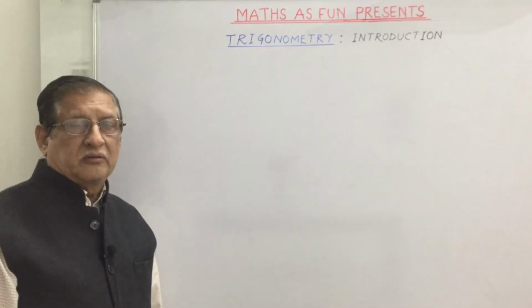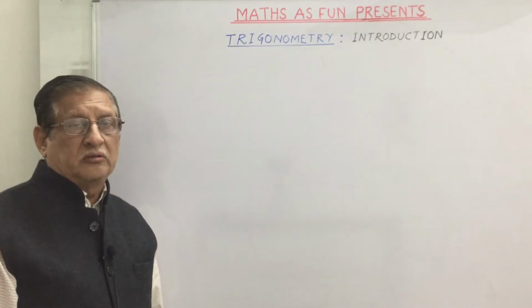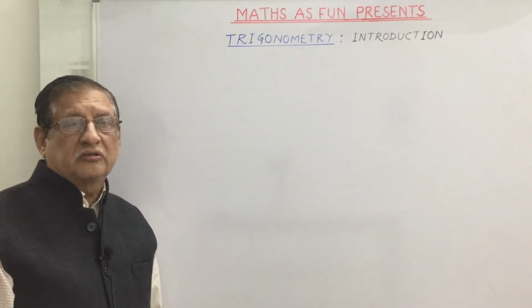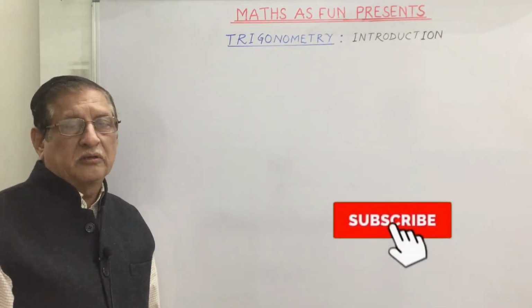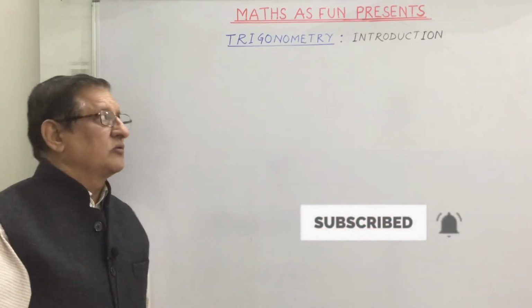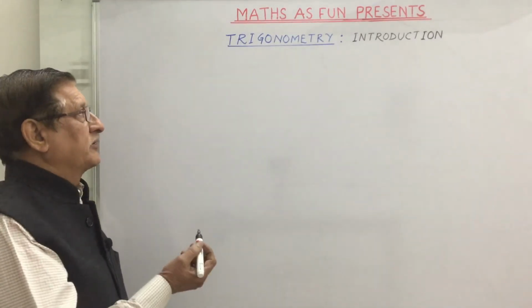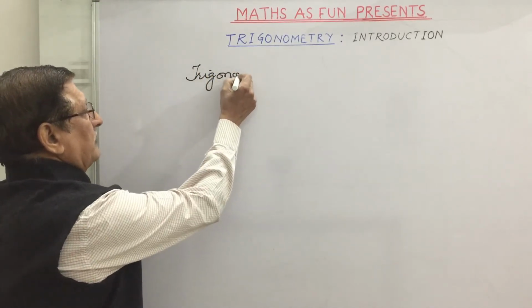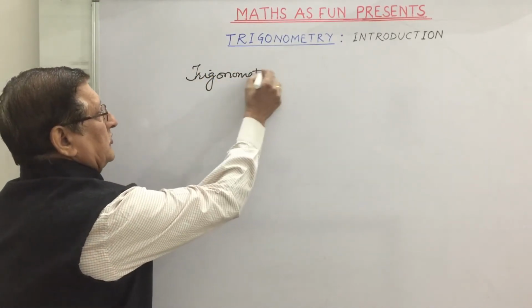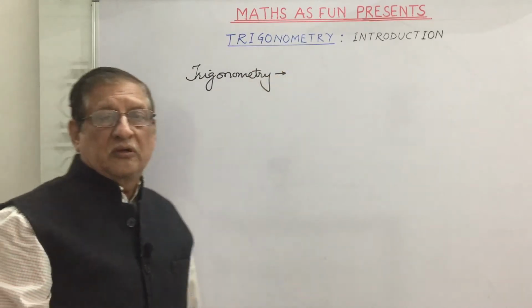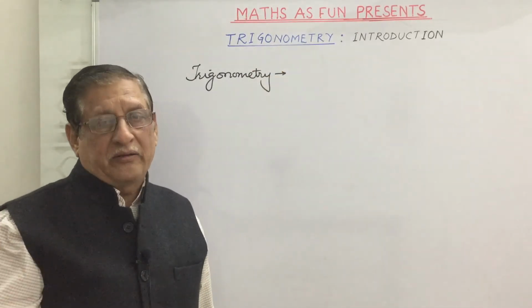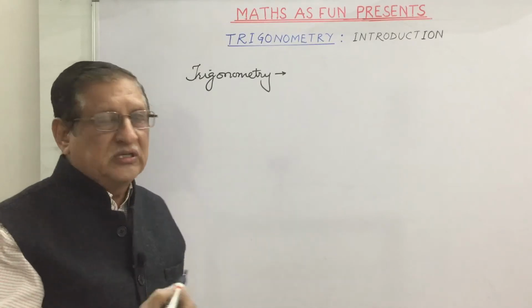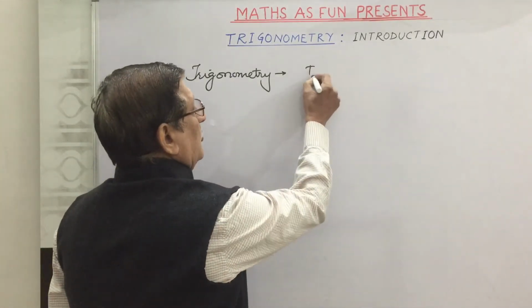Hello everyone. In this video we are going to learn about the introduction of trigonometry and the trigonometrical ratios. The word trigonometry has been derived from the Greek words trigon and metry.